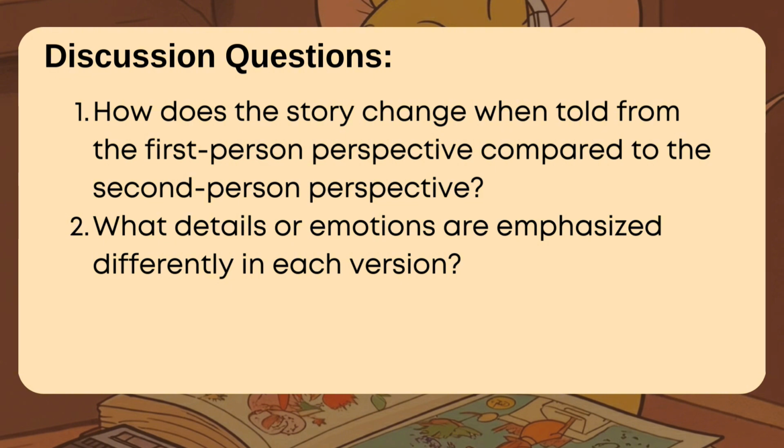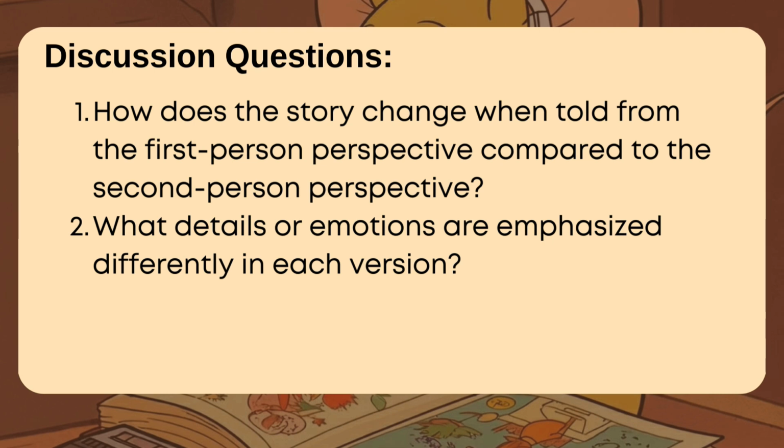So number 2 question, what details or emotions are emphasized differently in each version? So the first person version emphasizes Jenny's internal emotions and personal reflections. So the reader gains insight into her excitement, nervousness, and joy when Mia arrives.